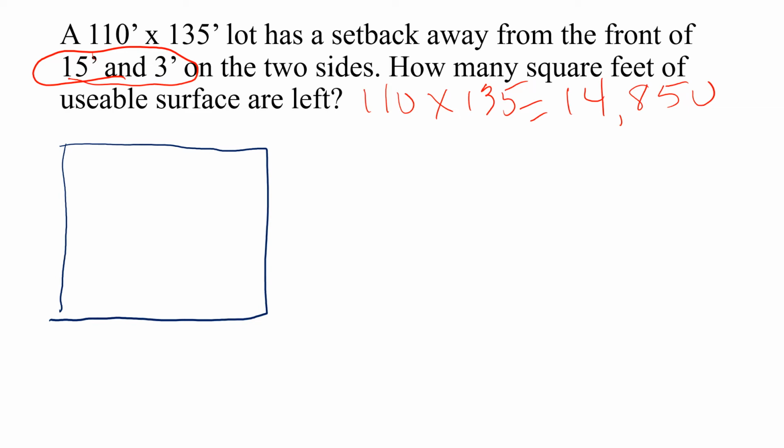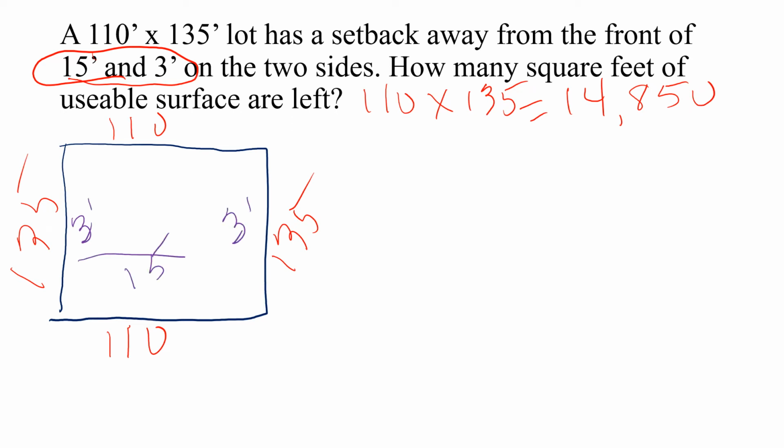And we have our 110 and our 135. Okay, which means this is also 110 and this is also 135. But then it says we need to take 3 feet from the sides and a 15-foot setback.